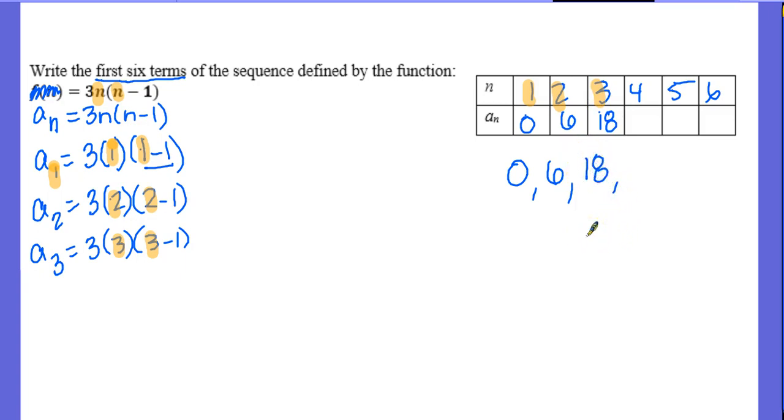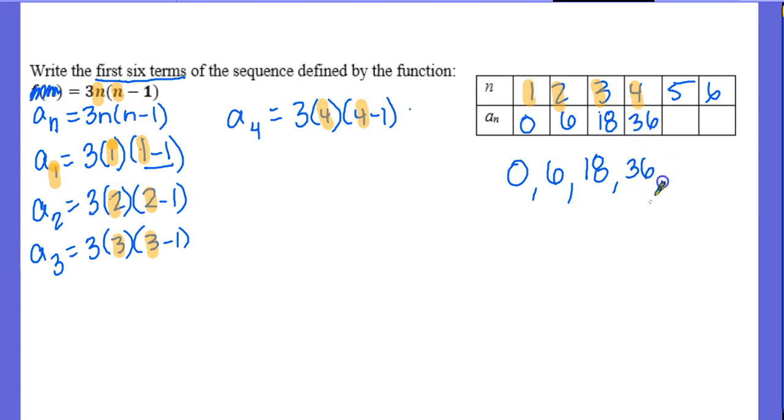And you may think that you've got a pattern going here. You don't think that's enough to help us pick the rest of them. We're going to have to stick to our rule and find the a sub 4, which is 3 times 4 times 4 minus 1, which is 12 times 3, which is 36.